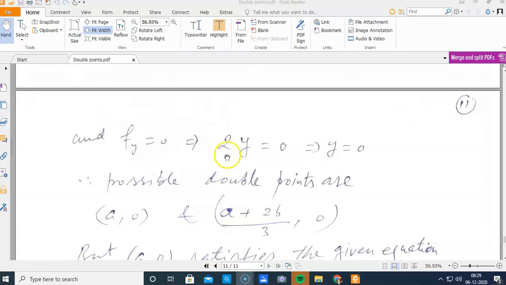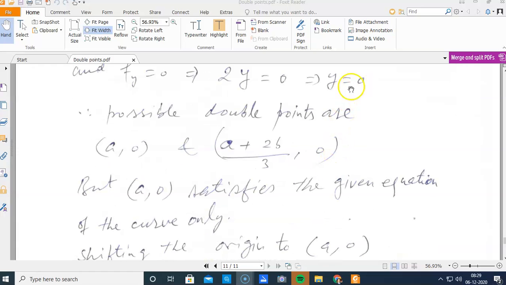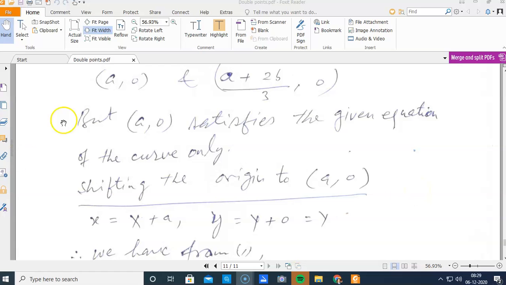Similarly, if we do fy equal to 0, I get y equal to 0. The possible double points are (a,0) and this point, but (a,0) satisfies the given equation of the curve, while the other point does not, so this is the only double point.